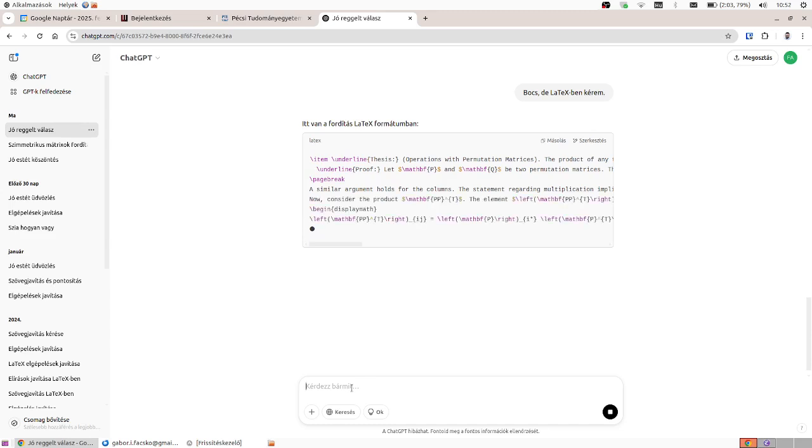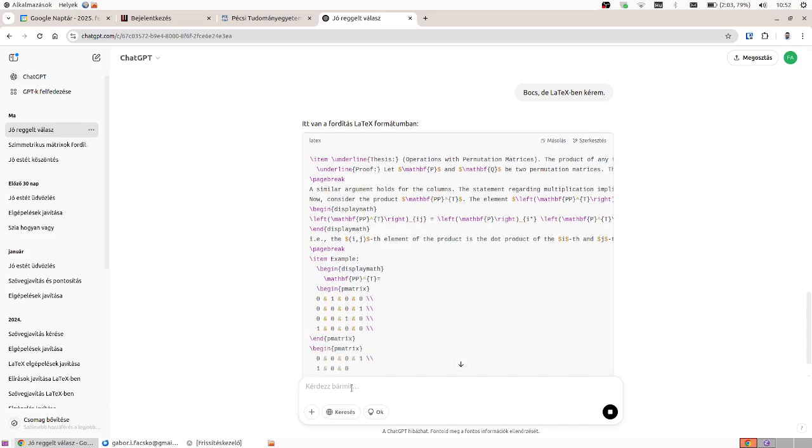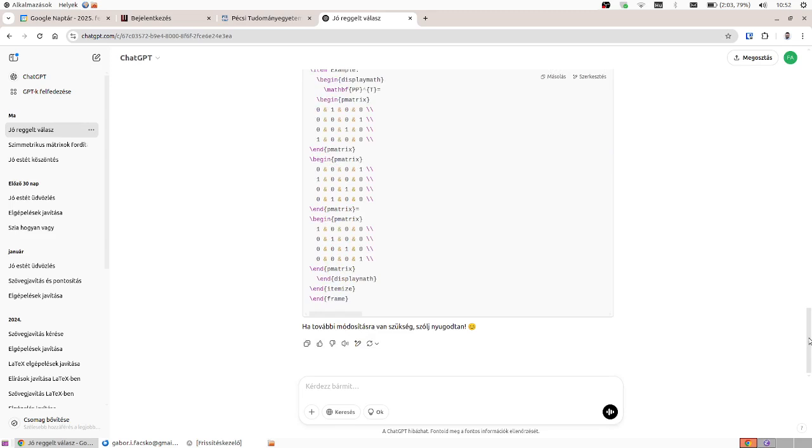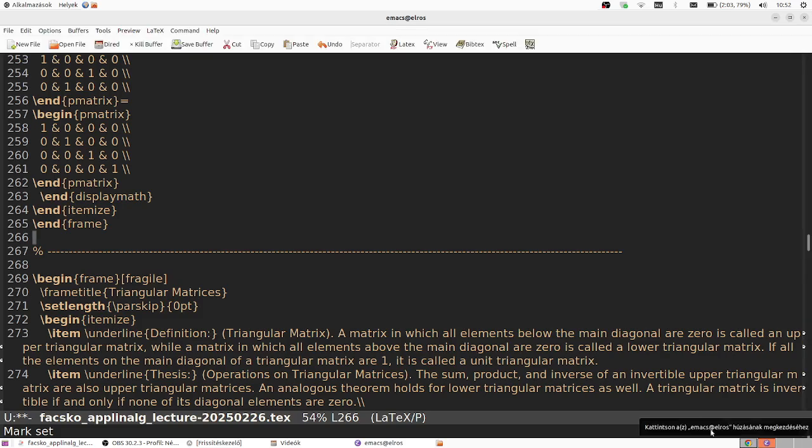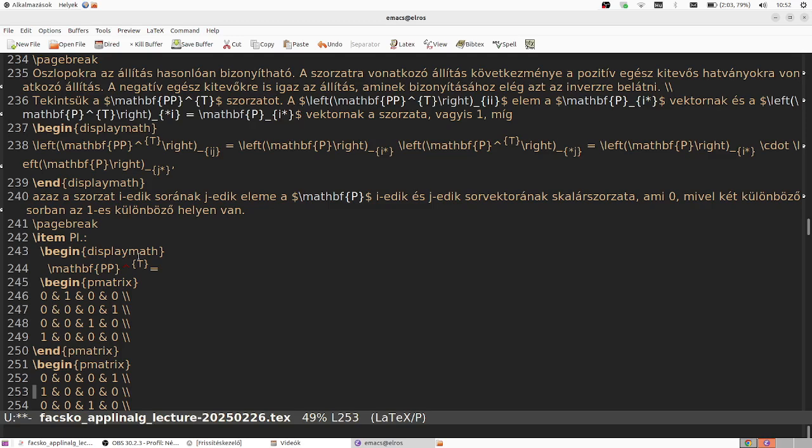Usually I don't use ChatGPT to translate Hungarian text to English, and very often I have English text first and not Hungarian. ChatGPT doesn't know the right terms, not always, at least. Okay, what's the problem with this?